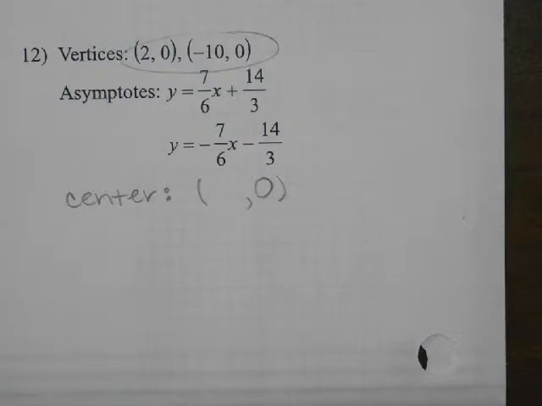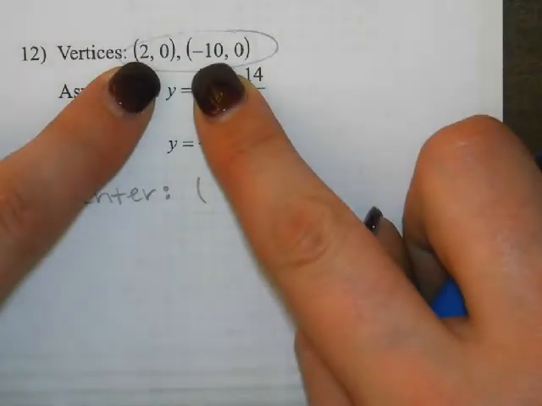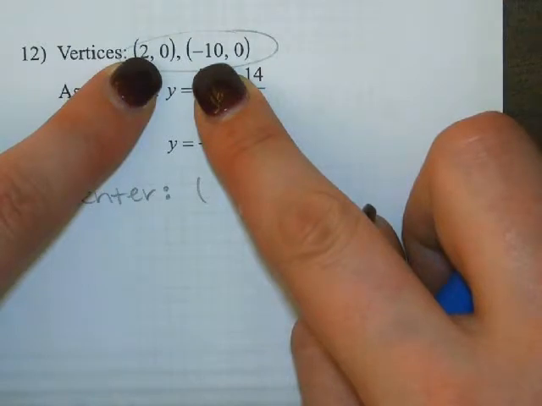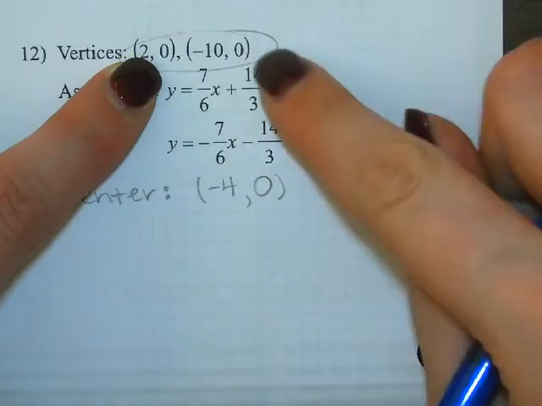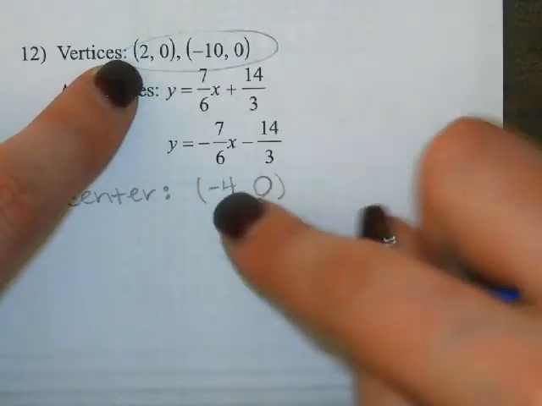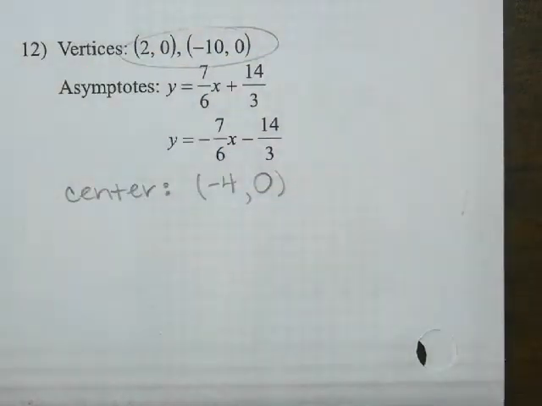How do I find the x-coordinate? So add them together, divide by 2, because I want to find the middle. So 2 plus negative 10, negative 8, divided by 2, negative 4. So what is the distance between negative 4 and 2, or negative 4 and negative 10? 6. That's a distance of 6.